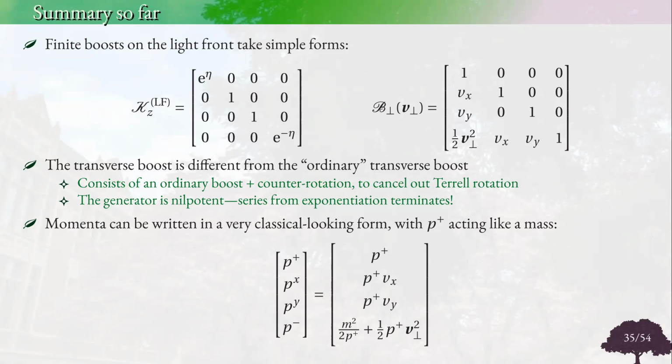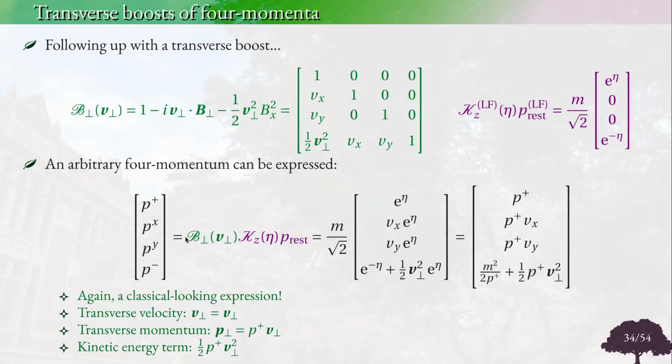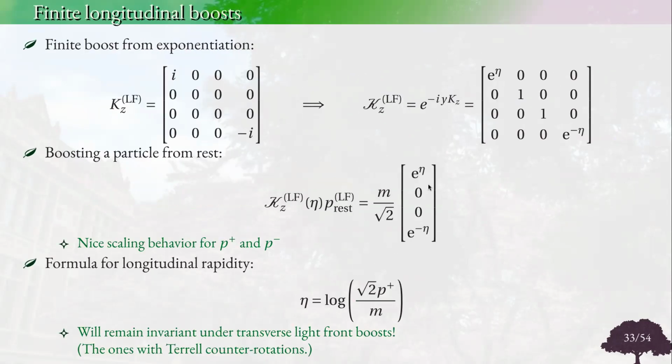I think the thing that makes it most obvious is that you can start from rest and boost to any momentum. So you can actually describe systems that are at rest using light front coordinates. You end up having a funny looking formula with two non-zero components. And you can boost to infinite momentum.